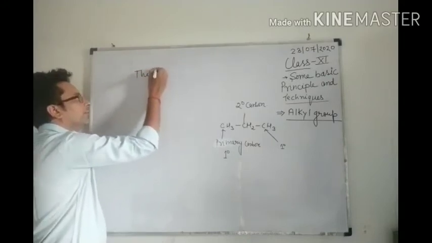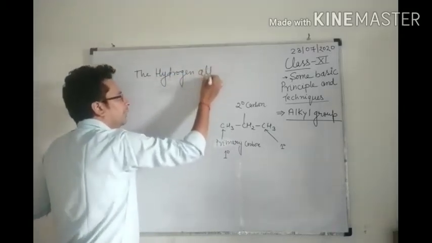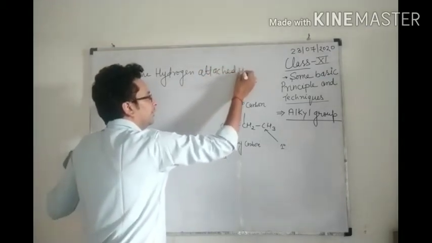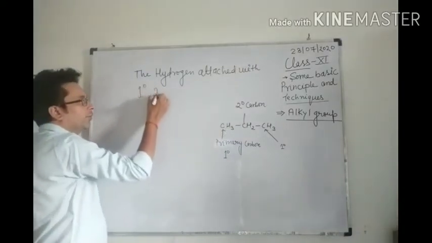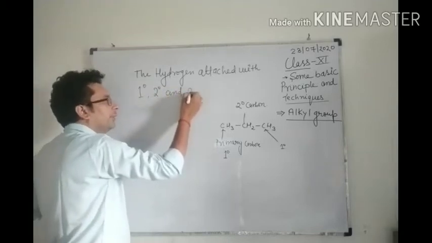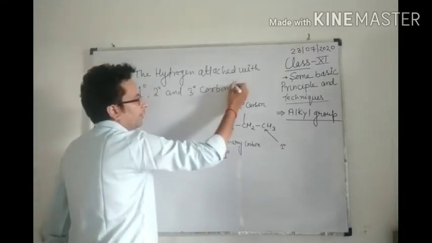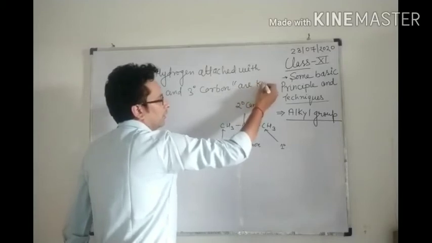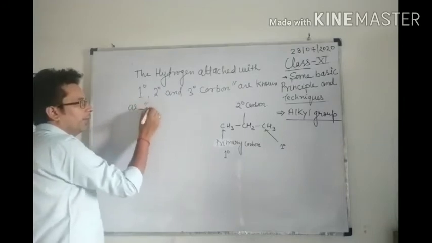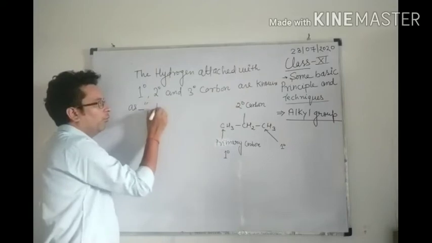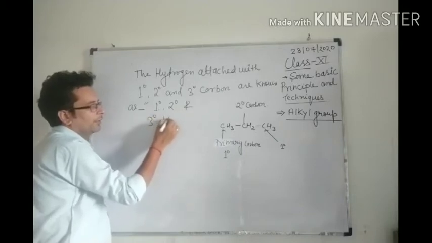The hydrogen attached to 1 degree, 2 degree and 3 degree carbon are known as 1 degree, 2 degree and 3 degree hydrogen.